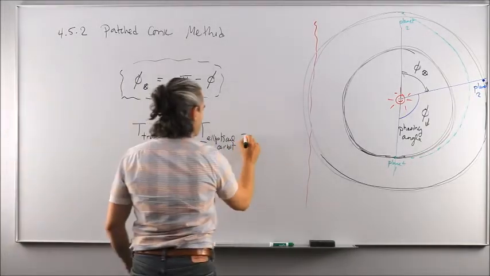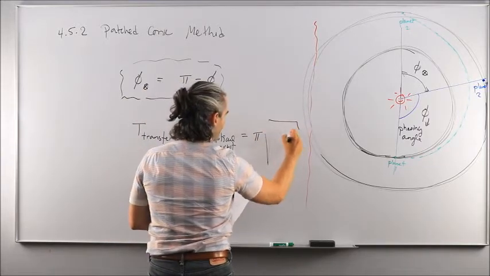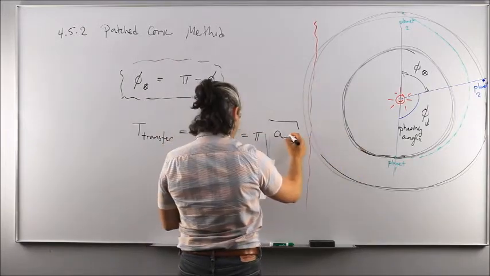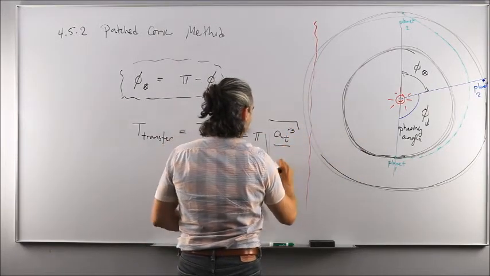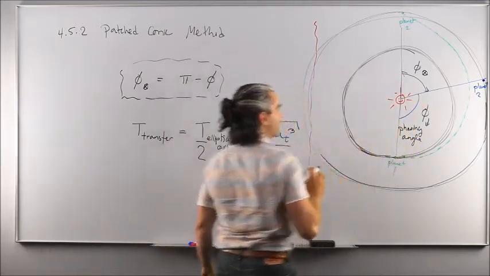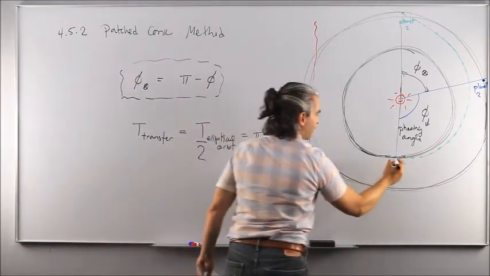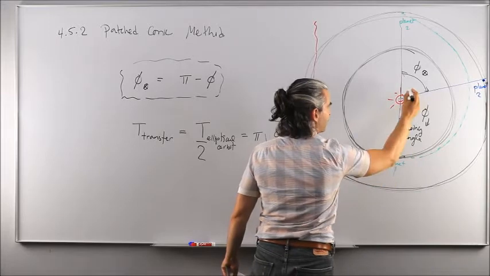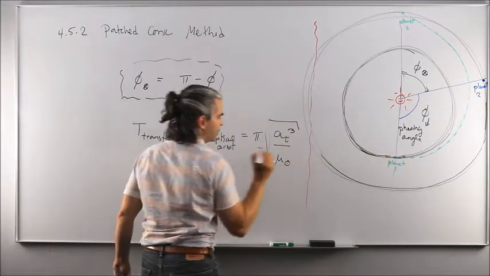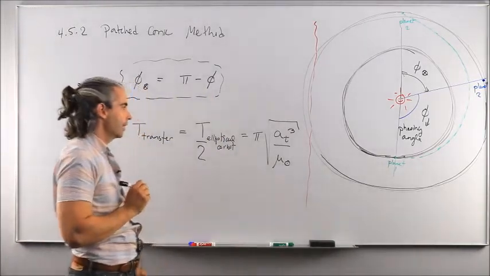And that is going to be equal to pi times square root of the semi-major axis of this elliptical transfer orbit cubed over mu. Now here, because we're doing things with respect to the sun's perspective or the heliocentric system, we're considering that the spacecraft is under the influence of the sun's gravity throughout the travel, and therefore we need to use mu of the sun, denoted by the circle with the dot in the middle. Okay?